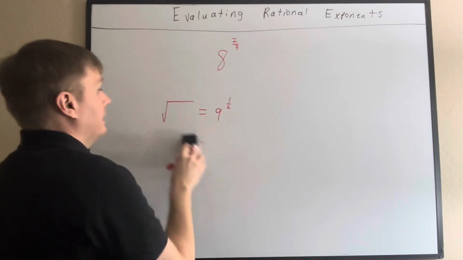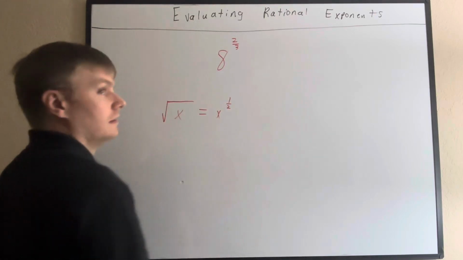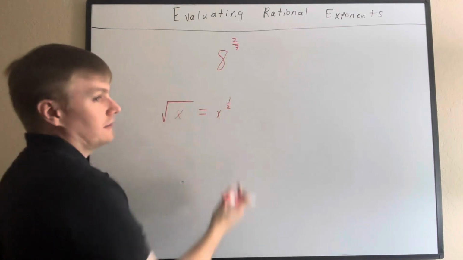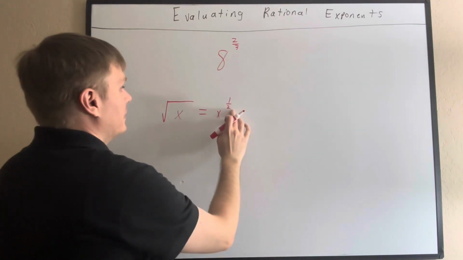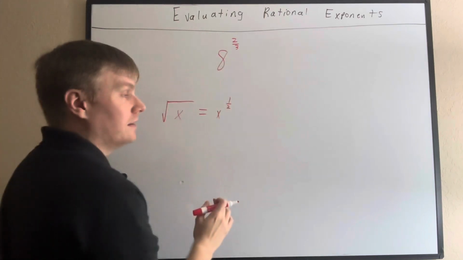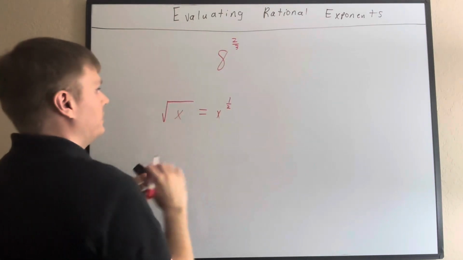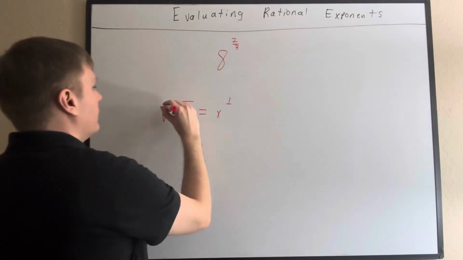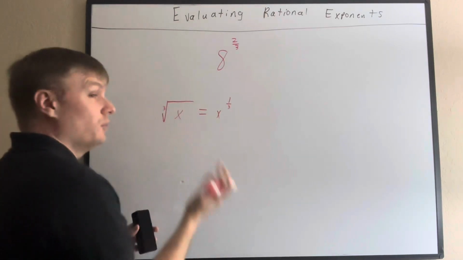And when I say anything, I should probably use a variable instead. Square root of whatever number is the same as that number raised to the 1/2 power. So what does it mean if your denominator is 3 instead of 2? Well, then that would be simply the cube root rather than the square root.